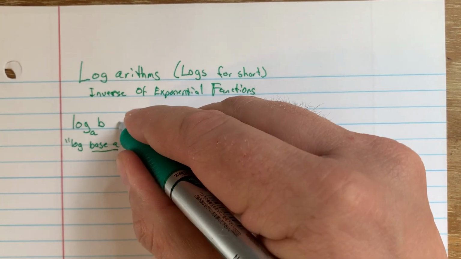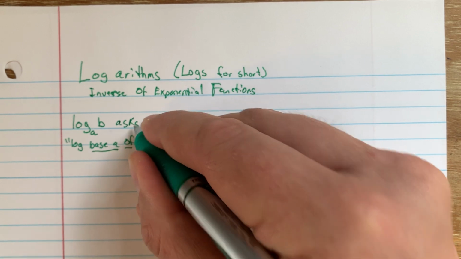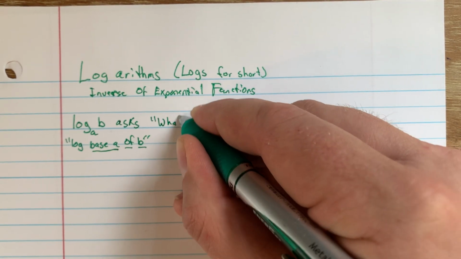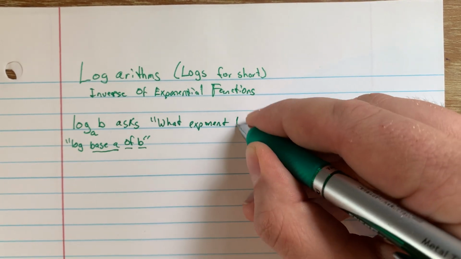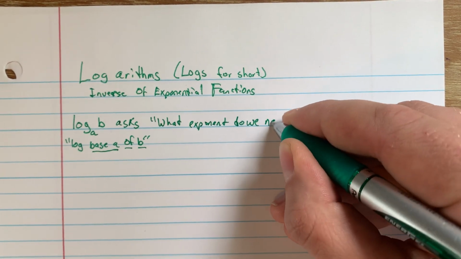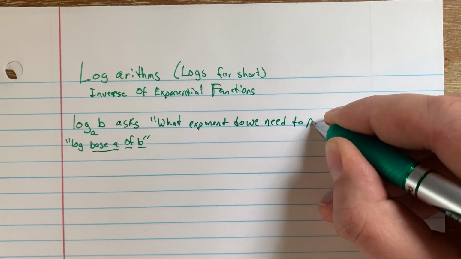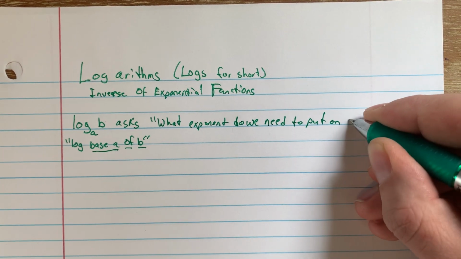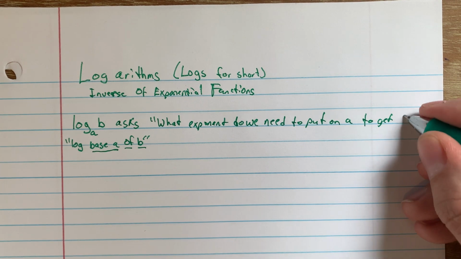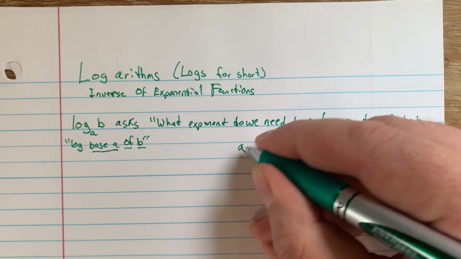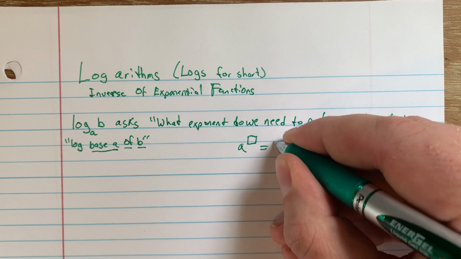And it means, it asks a question. It asks, what exponent do we need to put on a to get to b? Or another way of thinking of that is a to what power gives you b.